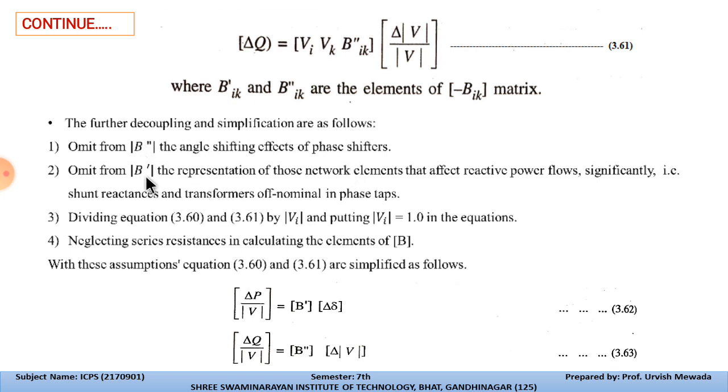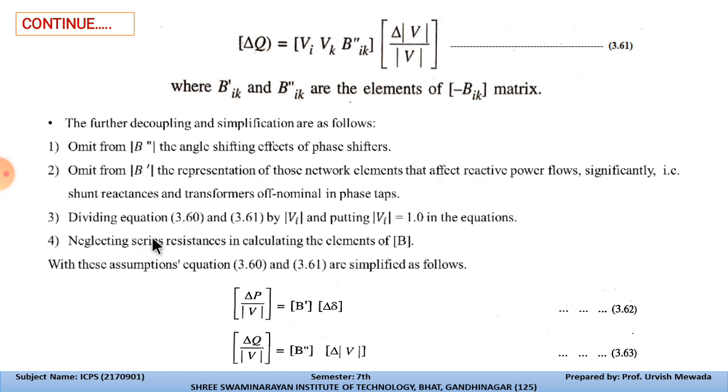Then omit from b dash the representation of those network elements that affect the reactive power flows, mainly shunt reactance and the transformers of nominal in-phase steps. That is, the elements present in the power system which offer high reactive power, and the effect of these elements can be minimized.